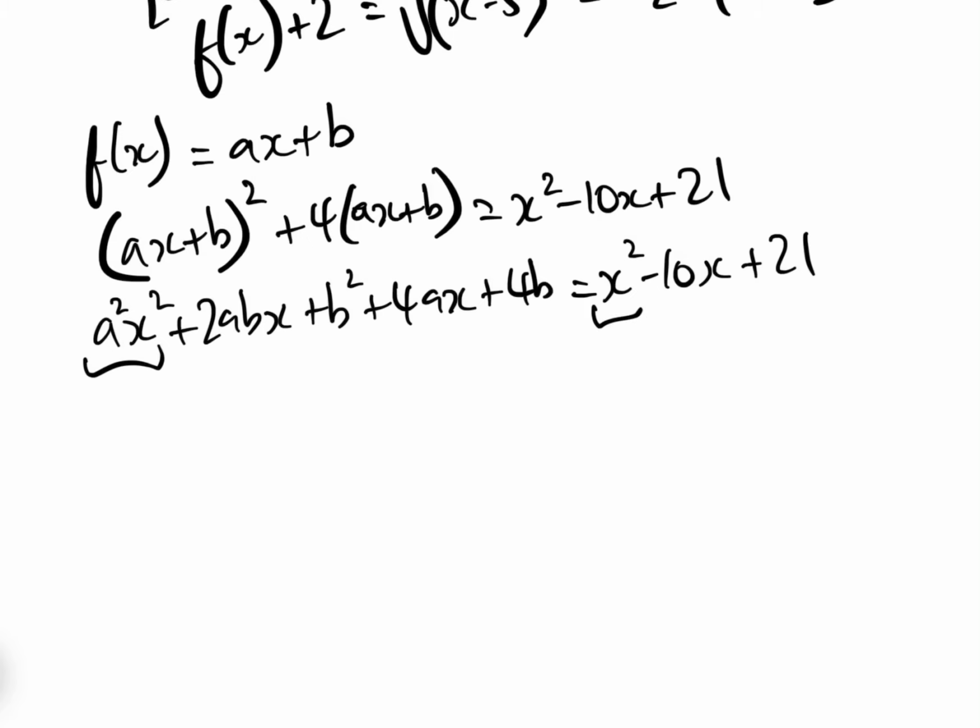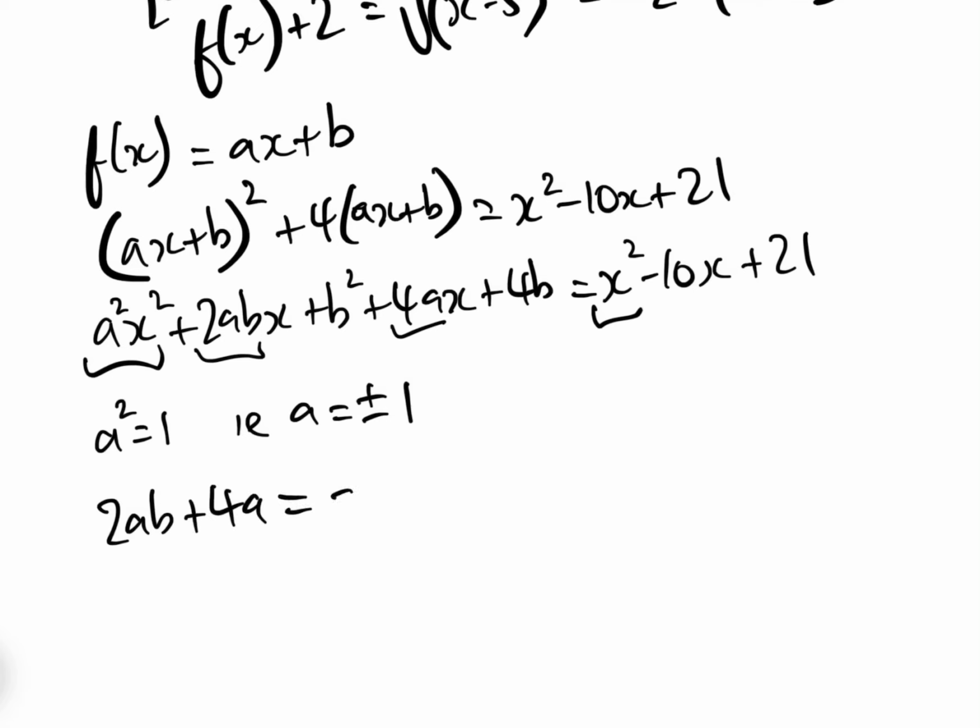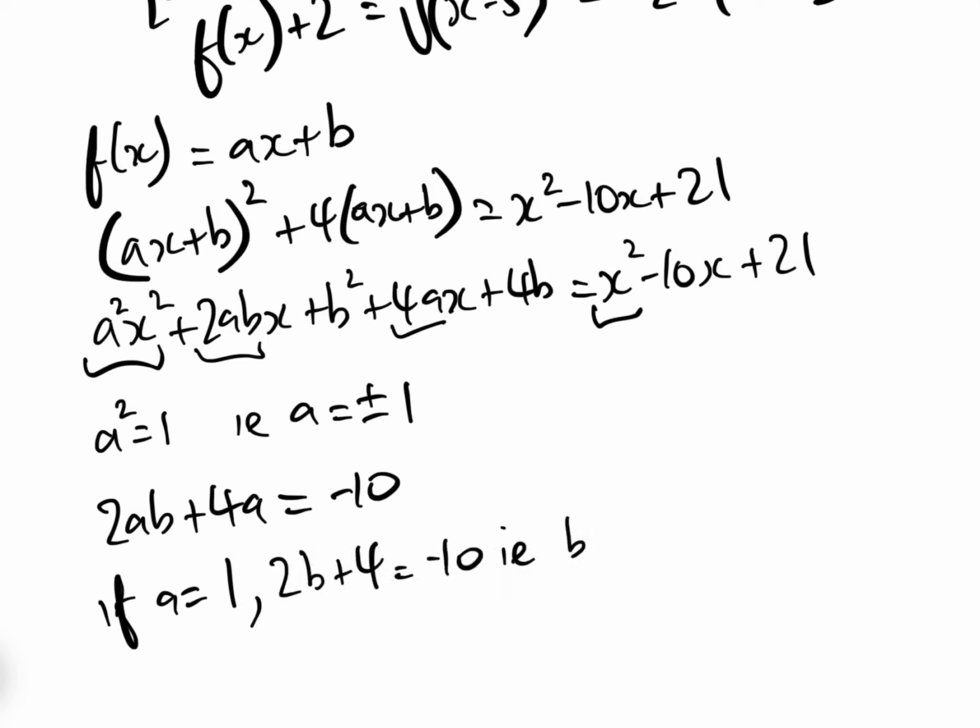Comparing x squareds, we have that a squared is 1, i.e. a equals plus or minus 1. And then if we compare the x's, we have 2ab add 4a equals minus 10. So if a equals 1, we have that 2b add 4 equals minus 10, i.e. b equals minus 7.